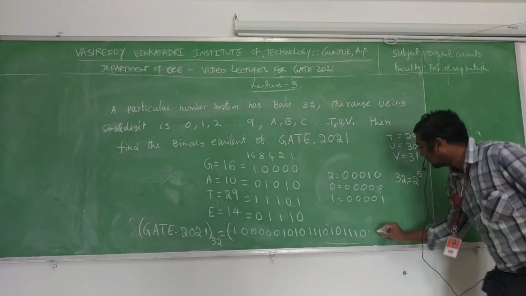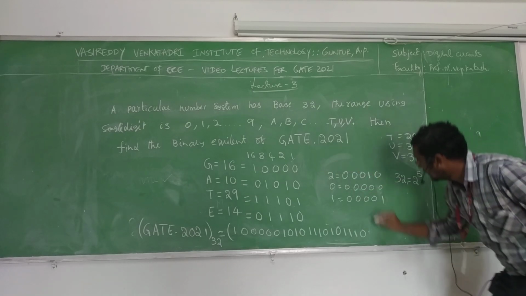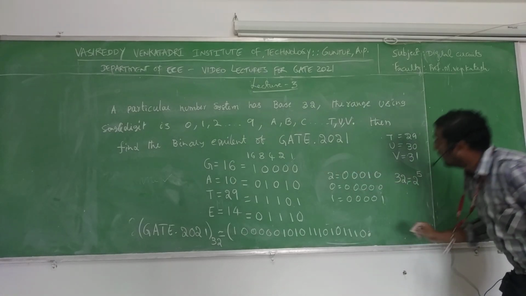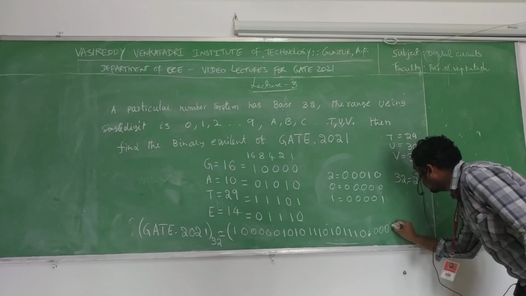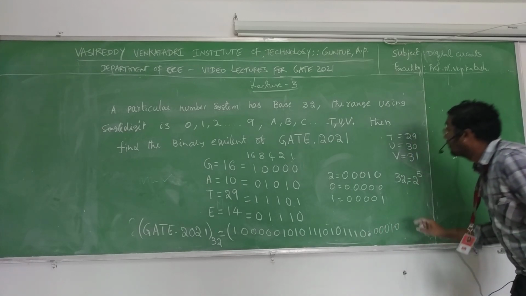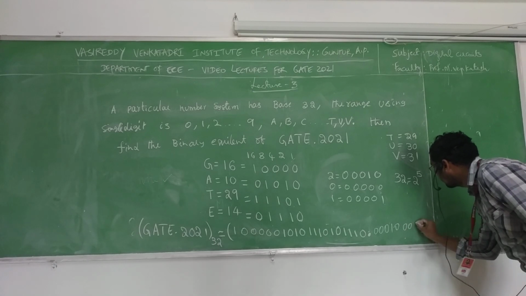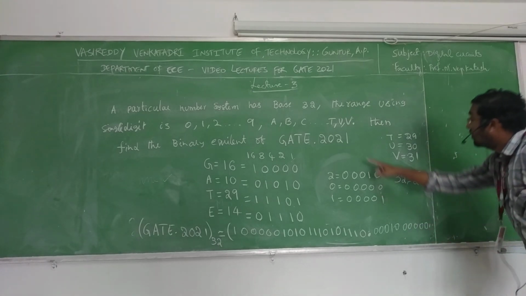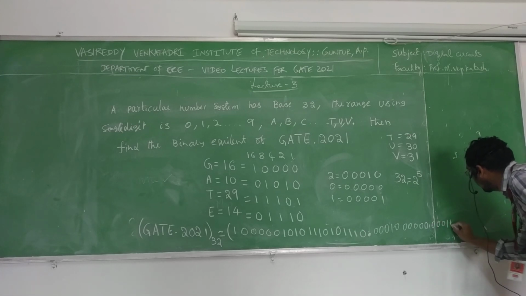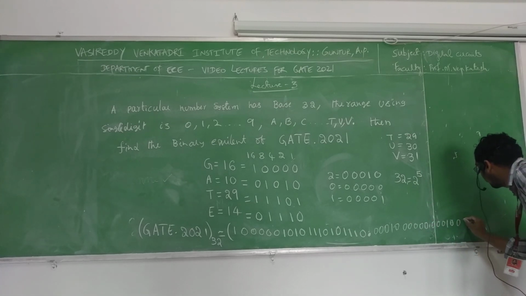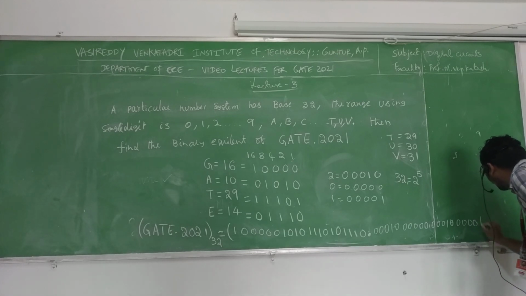Then we need to do 2021. There is a fractional point, so I am adding a fractional point. 2 means 3 zeros, 1 0. Again 0 is 5 zeros. Now again 2 means 3 zeros, 1 0, and 1 means 4 zeros and 1.